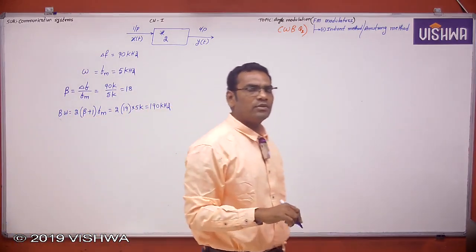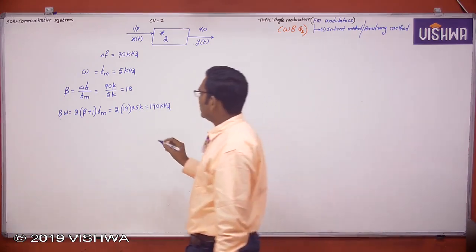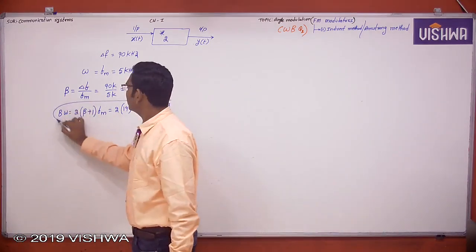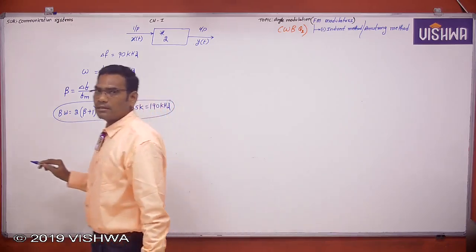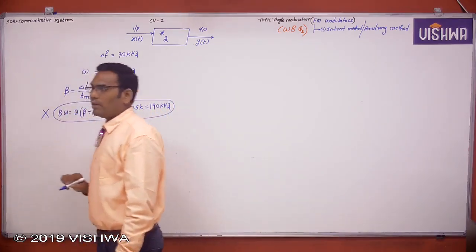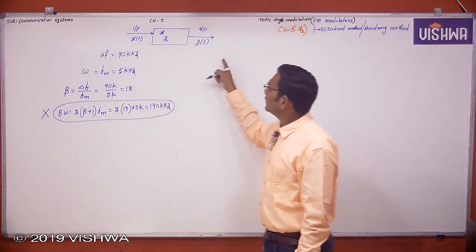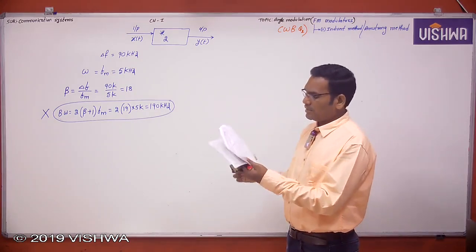Like that, most of the students make mistakes. This is 100% wrong. Why? Because he is not asking for the bandwidth here, he is asking for the bandwidth at the output side. Am I right or not?